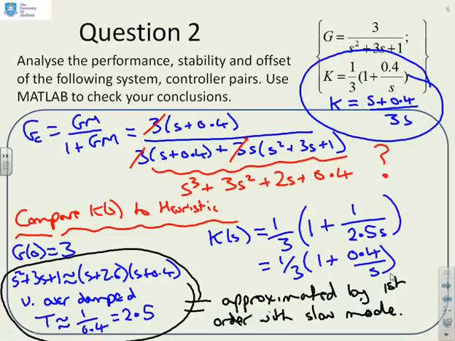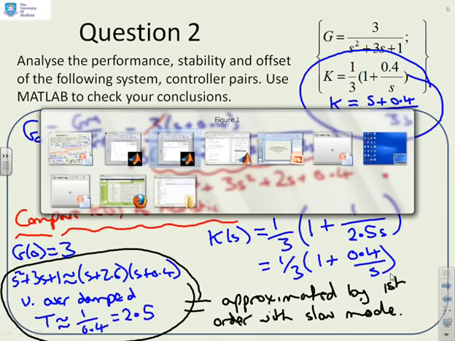So in this particular case, the heuristic should give us a good answer, because the second order system can be approximated by a first order system with the slow mode. So let's go to MATLAB and see if that's the case. Has the heuristic worked for us?